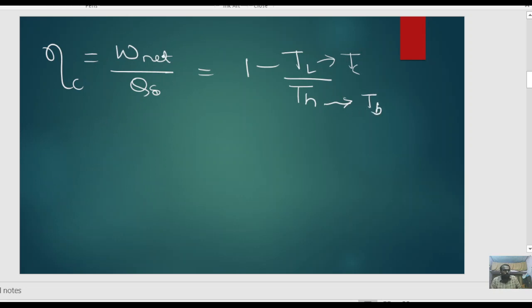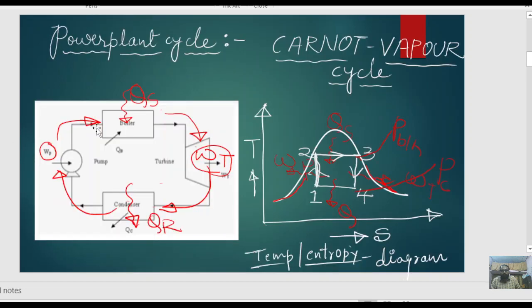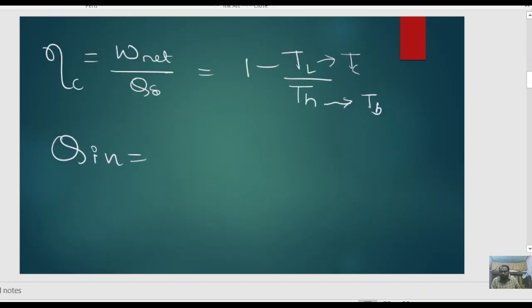Okay, what is the formula for Qin? Qin means heat supplied. Where is the heat supplied? The portion 2 to 3. See guys, 2 to 3. So the heat supplied formula is H3 minus H2.